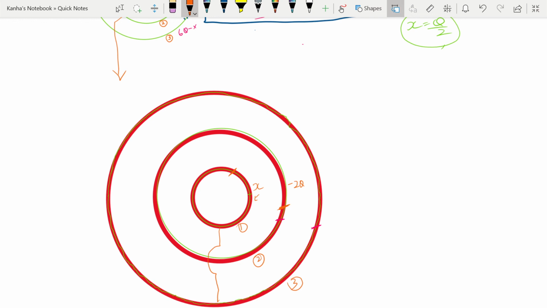Right now the net charge inside is some plus x. So what will happen? A minus x charge will get induced here, and that will lead to a positive charge plus x on the outer surface of the second one. This is quite clear.